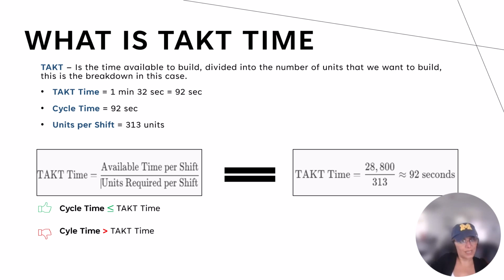If the cycle time is greater than the takt time, this means you are falling behind and need to figure out what's going on. So in this scenario, both takt time and cycle time are 92 seconds, which is a good sign of a well-balanced process because the time required to complete the work aligns with the target to achieve the demand.